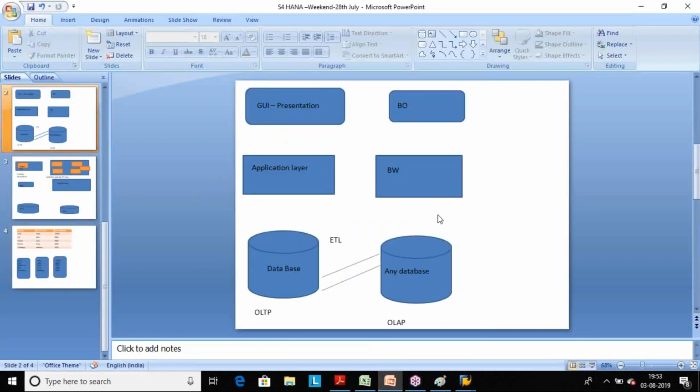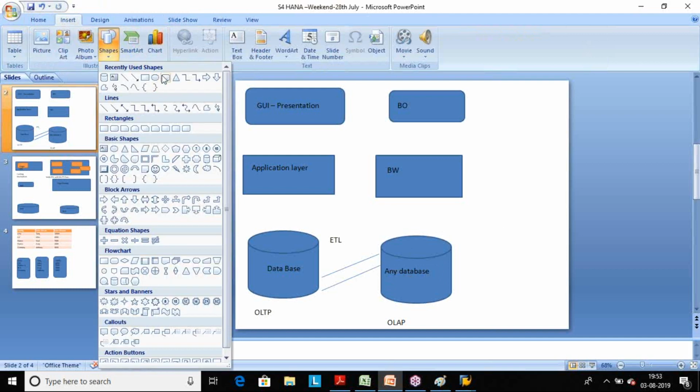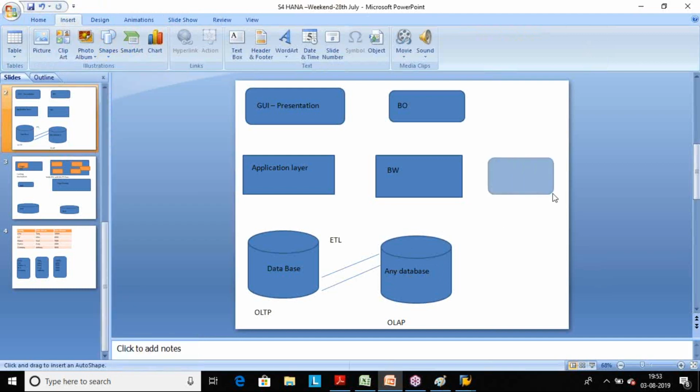So here we have the system. We need to take the data from the source system, and here, in 2011, we are still dependent on another database, but in between we can use BWA.